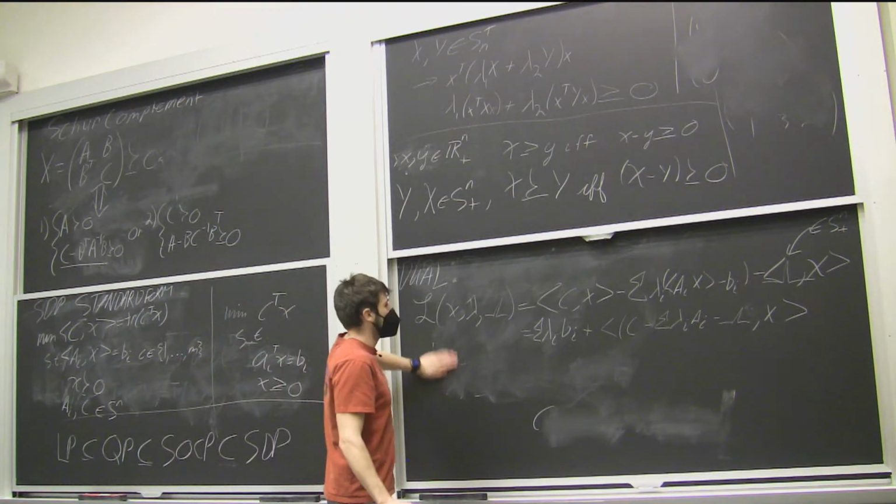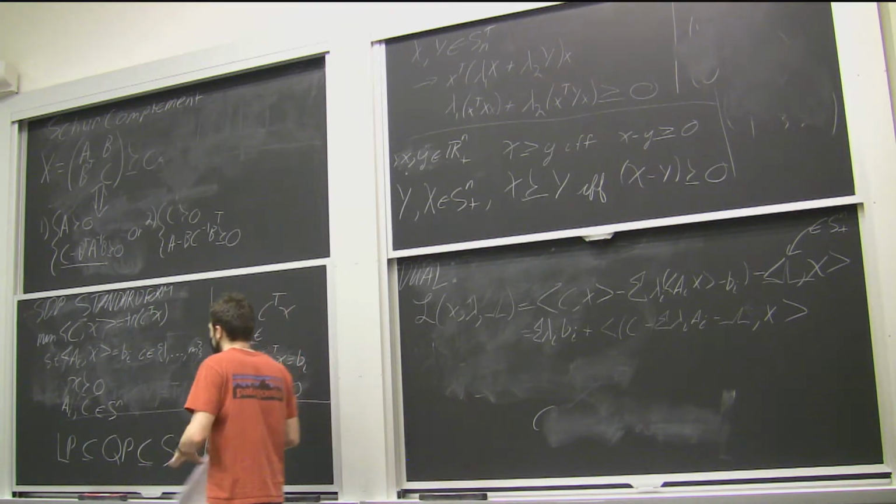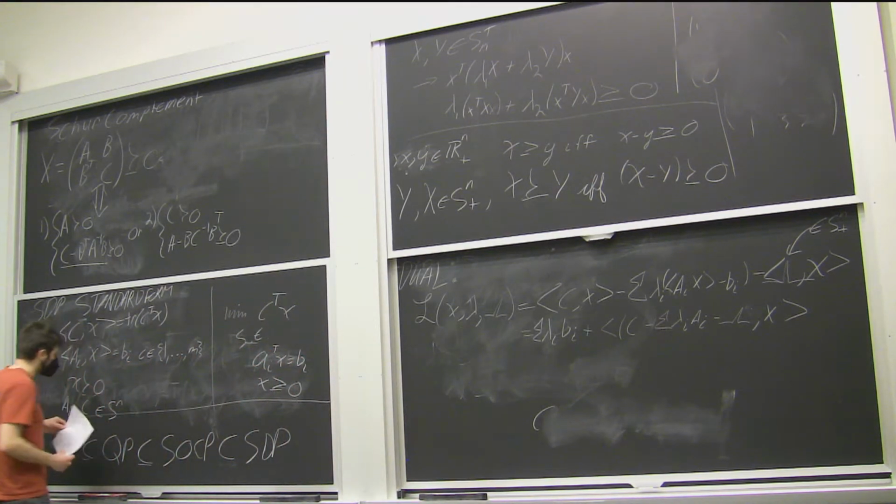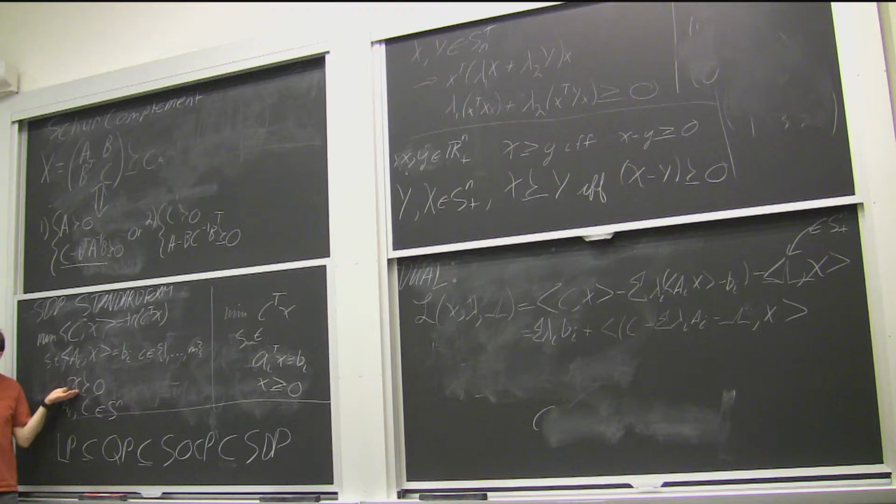So when I introduce a Lagrange multiplier variable on this x that's positive semi-definite, I need to introduce a positive Lagrange multiplier, but with respect to the ordering of the cone I'm in, which is the positive semi-definite cone.